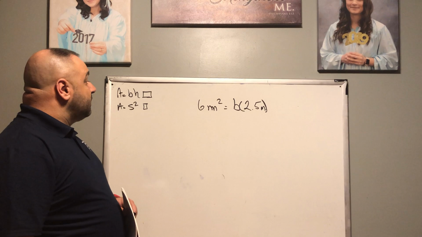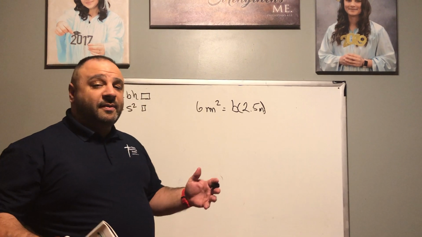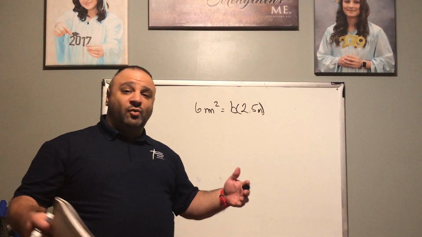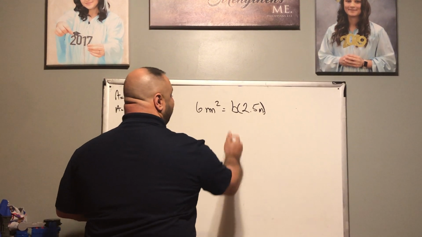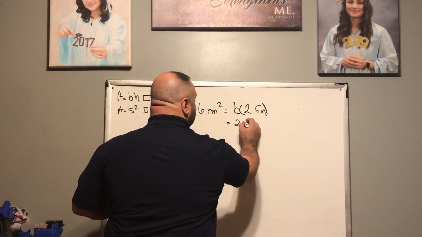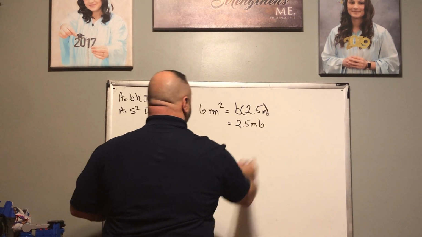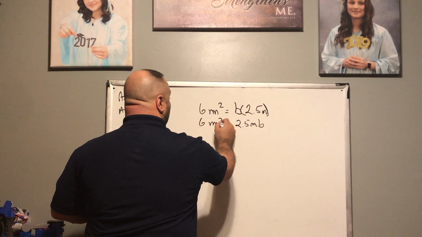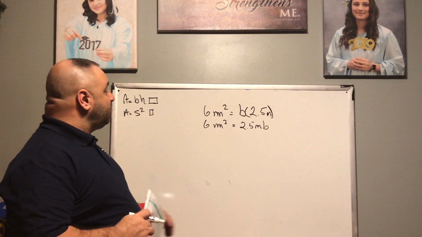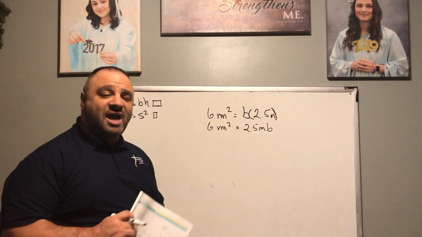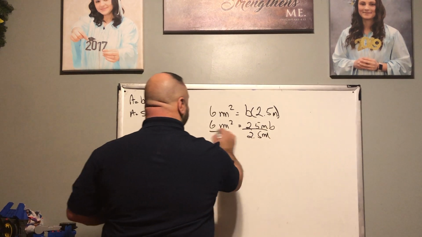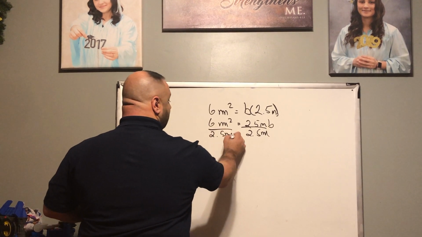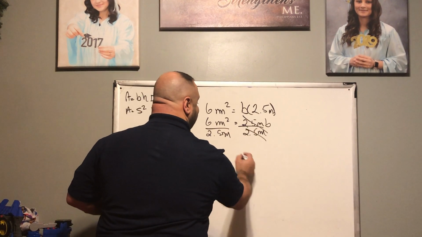Again, as long as we have 2 out of the 3 elements, we can solve any equation. So we have 2.5 times b would be 2.5 meters b. This would be 6 meters squared. Now all we want to do is get the letter b by itself. So I'm going to divide both sides by 2.5 meters. 2.5 cancels out.